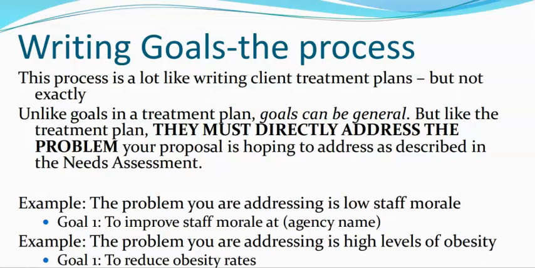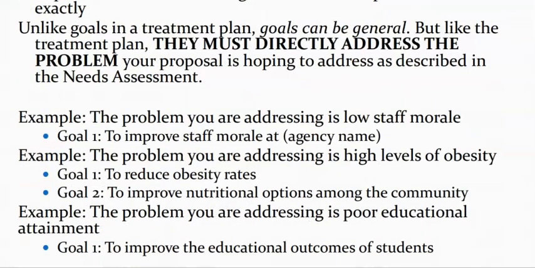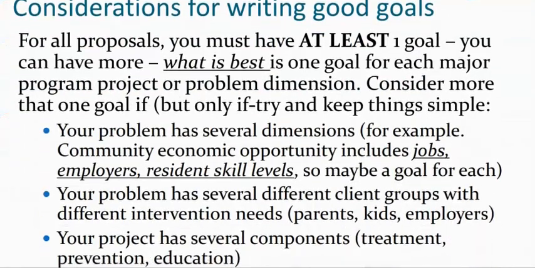So this process is like writing claim treatment plans, but not exactly. Goals can be general. Again, goals are broad-based, tend not to be measurable. So the goal is to improve staff morale at XYZ agency. So that's a broad-based goal.